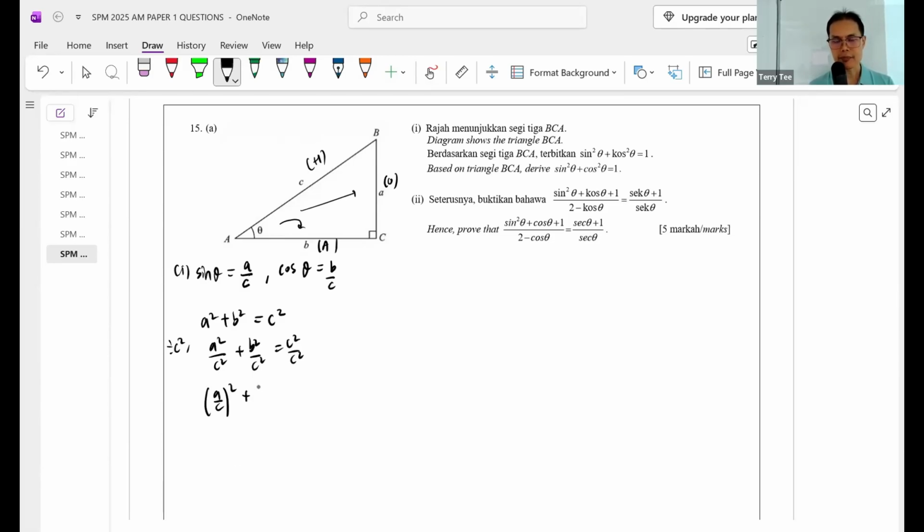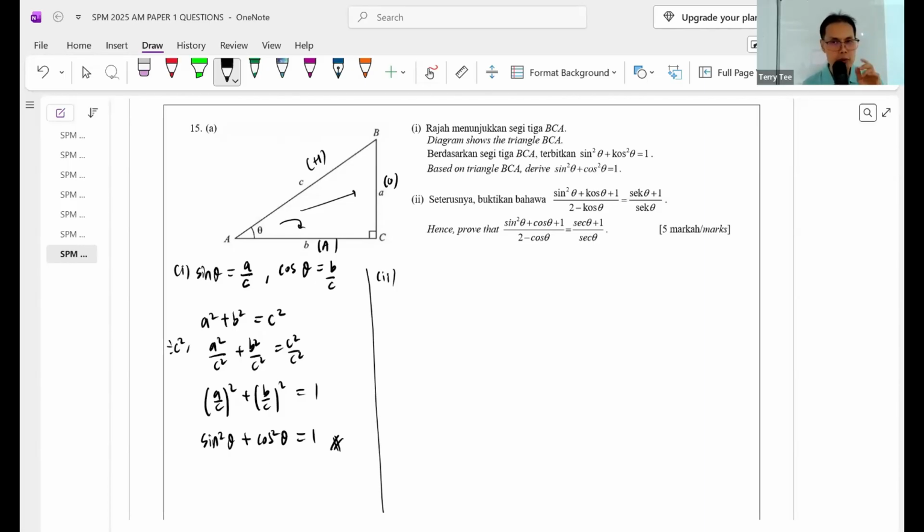A over C squared, B over C squared, C squared over C squared is just 1. Okay, A over C squared is your sine. So we just write this as sine squared theta. B over C squared is your cos. We write cos squared. The result is 1. Okay, this is not difficult, right?